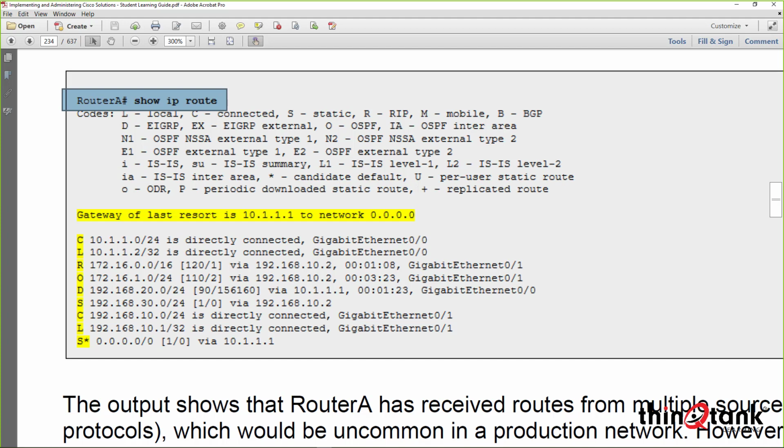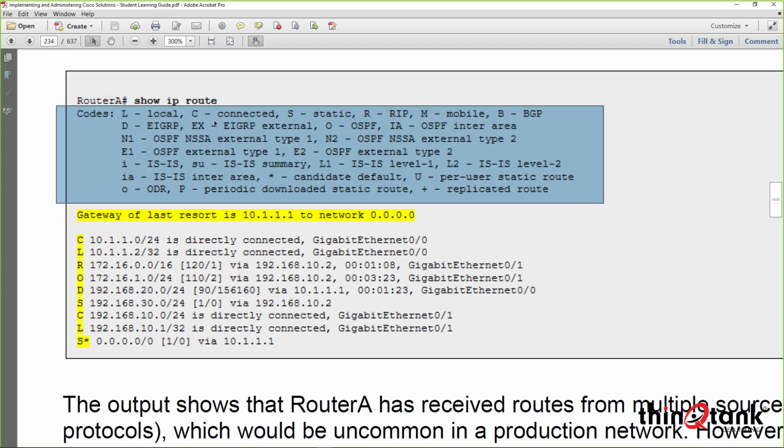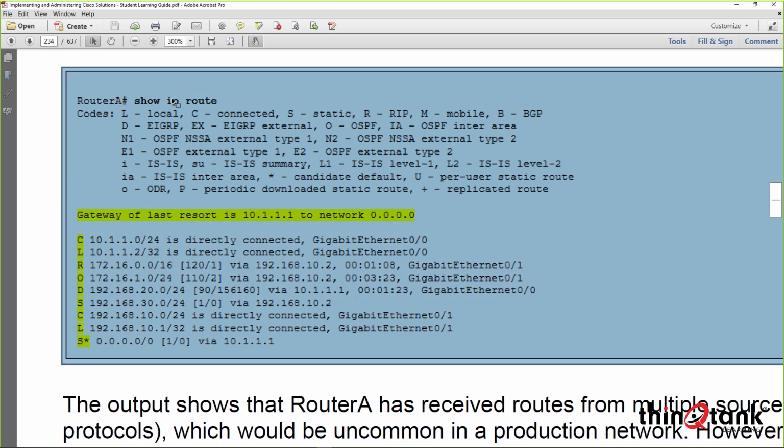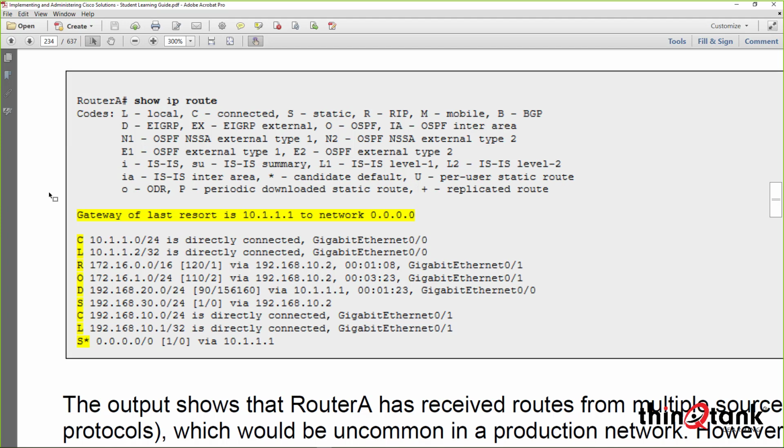And we would also have a different command for IPv6 if we wanted to see an IPv6 route. But these are all the ways that we can learn routes in a Cisco router: local routes, connected routes, static routes, RIP, BGP, EIGRP, OSPF, there's several different OSPF types, IS-IS, on-demand routing, basically all the routes that we talked about primarily.